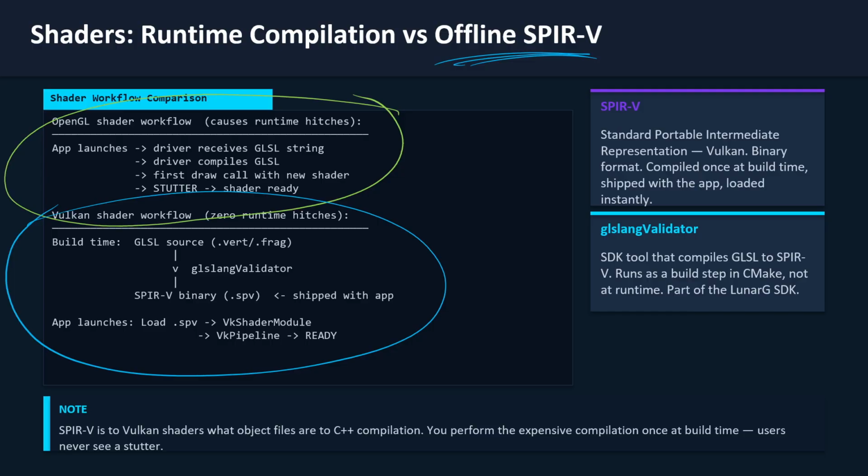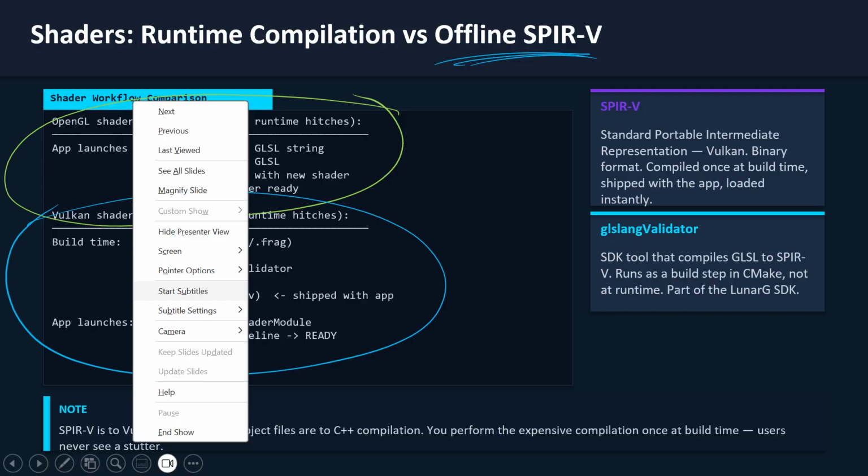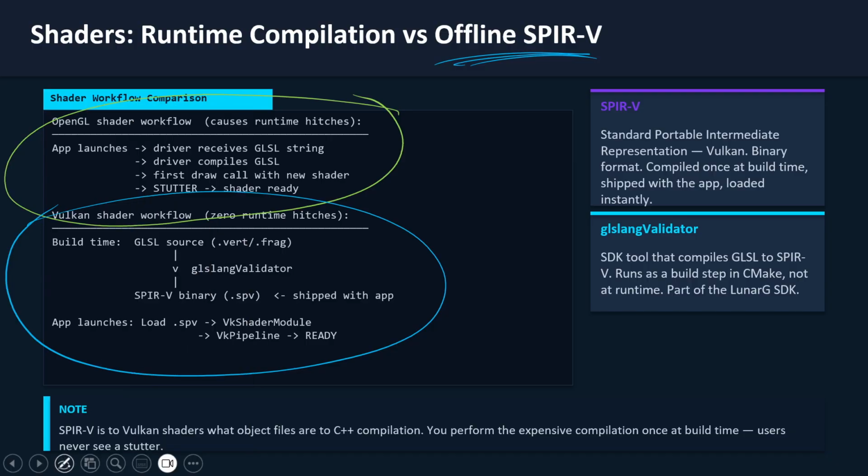What it does is give you a binary format, and we call that binary format SPIR-V. The tool is an executable, so you give your HLSL or GLSL, whatever, to this tool.